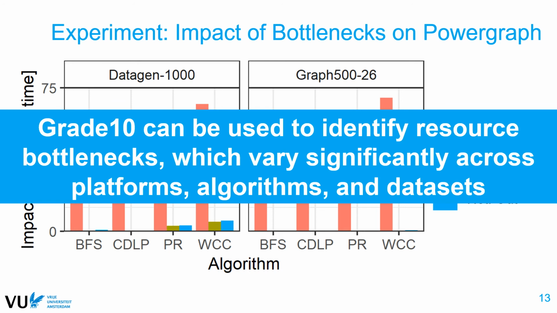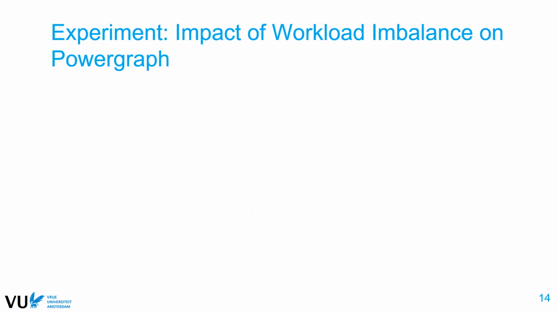Overall, we have shown that Grade10 can be used to identify resource bottlenecks, which vary significantly across platforms, algorithms, and datasets. As our final experiment, we investigate the impact of workload imbalance on the execution of Powergraph jobs. Without going into too much detail, Powergraph distributes the workload of an application by assigning part of the input graph to each of its worker machines.